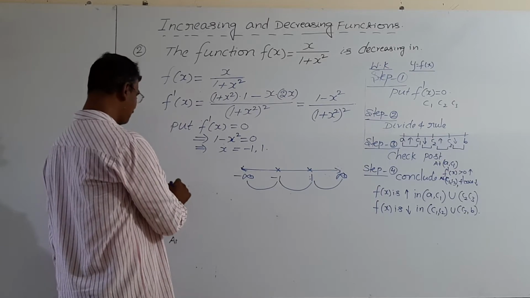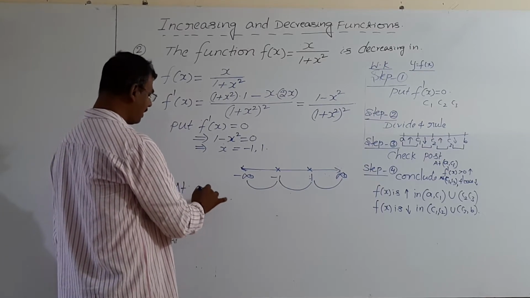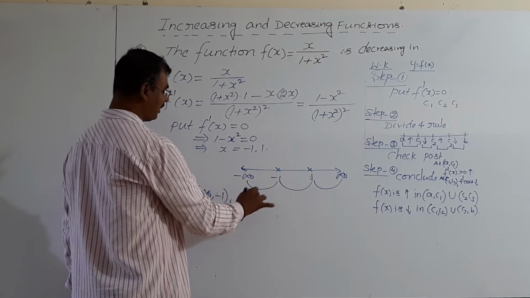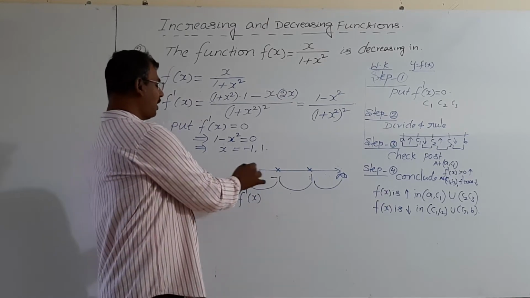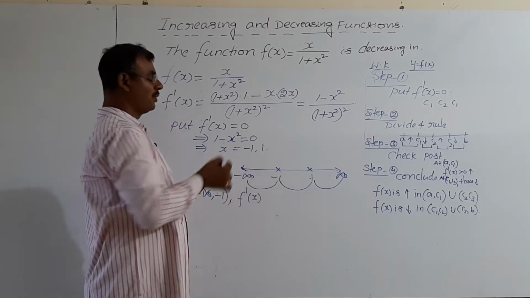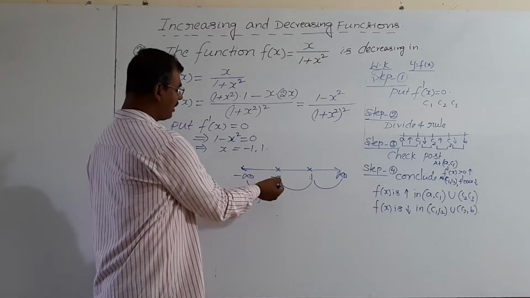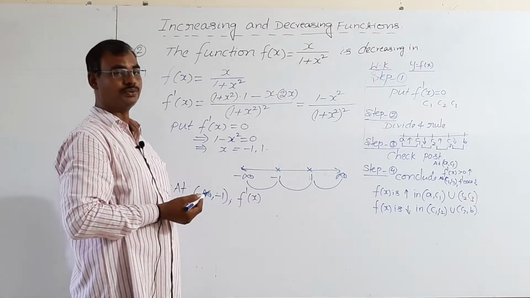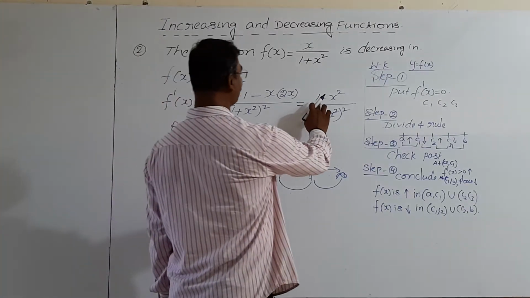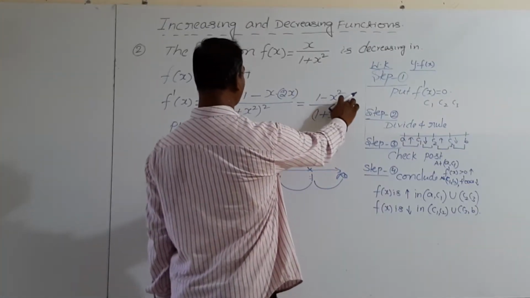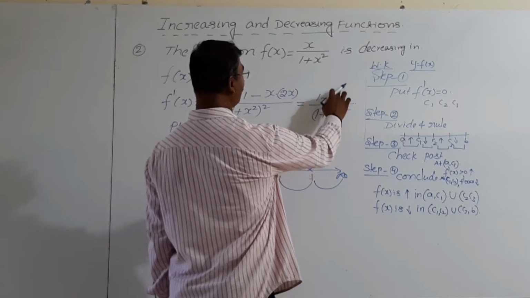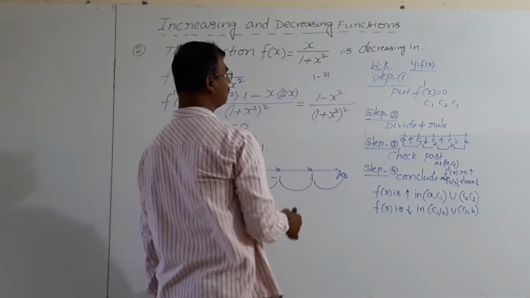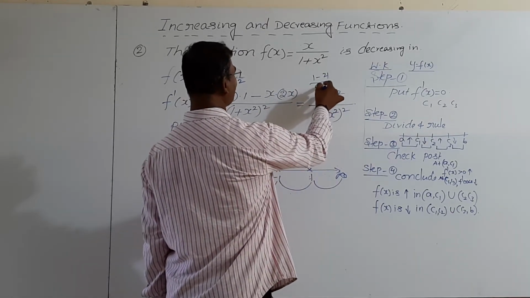Check the interval minus infinity comma minus 1 and find the sign of f dash of x. Take any number between minus infinity and minus 1, for example minus 2. Substitute here and see whether you get a positive or negative sign. Minus 2 whole square is 4, divided by a positive quantity, which is always positive.